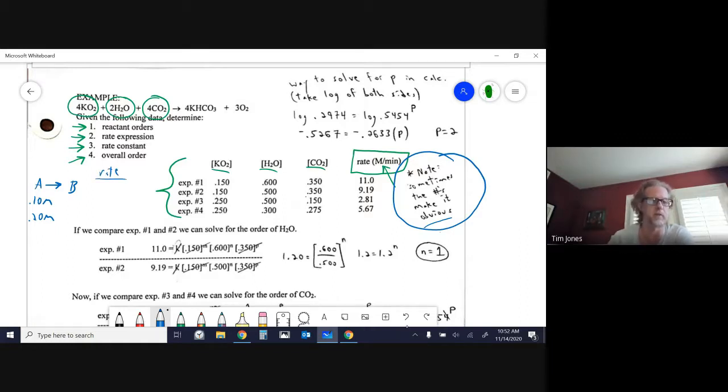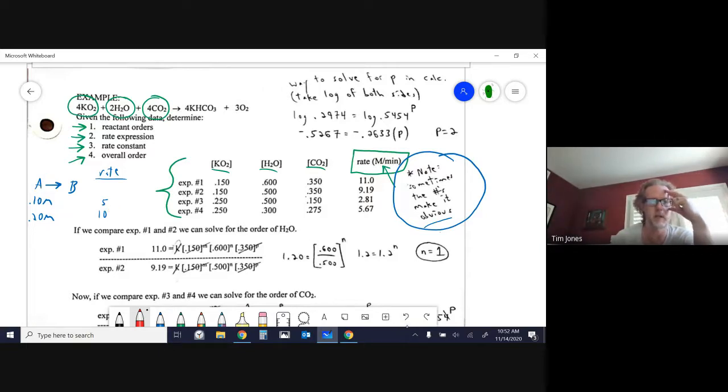The rate under the first situation, let's just say, is 5. I'm not even going to worry about units. And the rate in the other situation is 10. Well, this one's just obvious. If you double the concentration and the rate doubles, then that means that chemical A must be first order, a direct proportion.